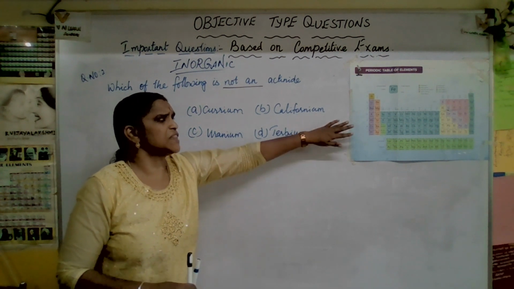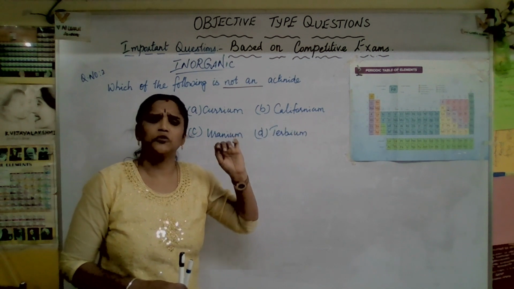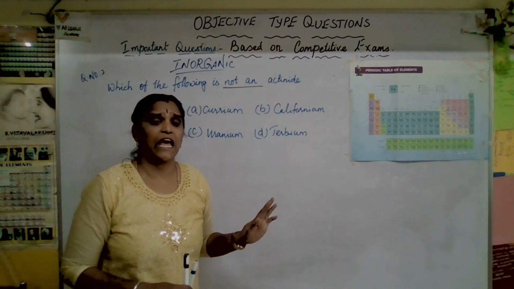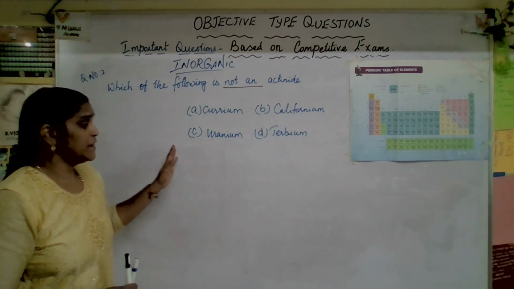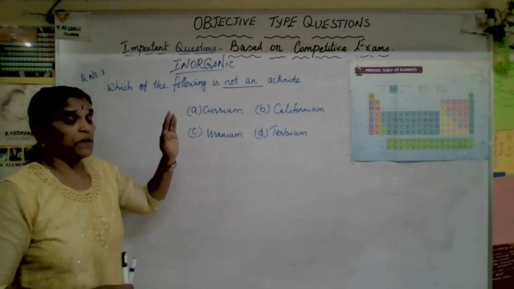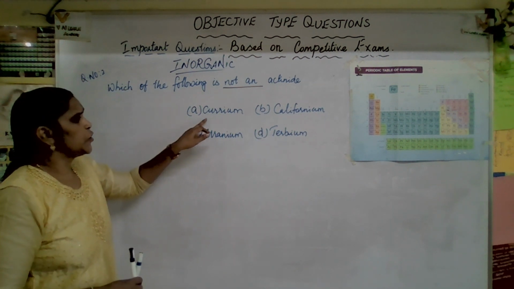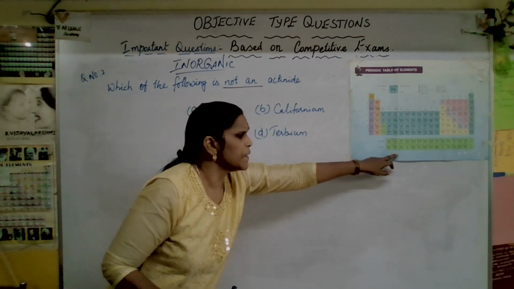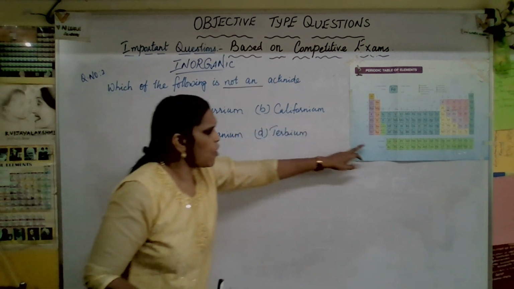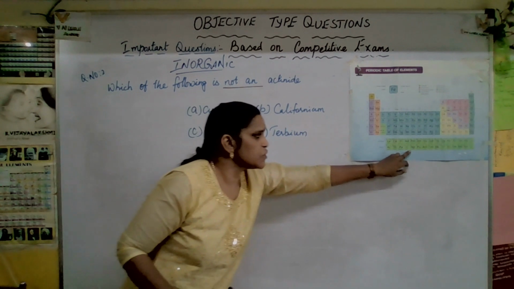So you should be thorough with the periodic table in each and every corner. Curium is from actinide, californium also is from actinide, and uranium is also from actinide, you know very well.